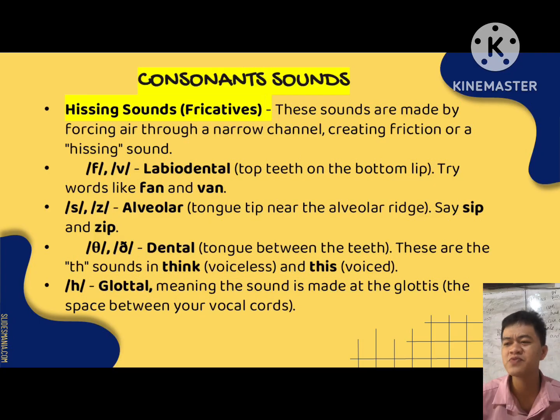And of course, next we have the alveolar again, tongue tip near the alveolar ridge, like the letters S and Z in the words sip and zip, sip and zip.